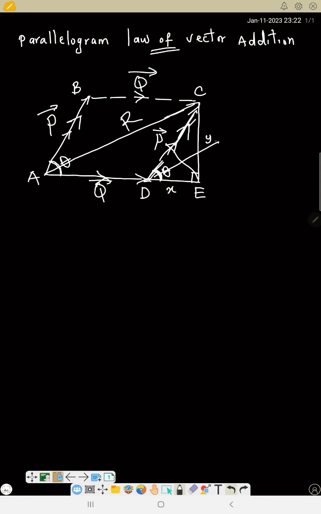Opposite is y, hypotenuse is p. So that means sine theta is equal to opposite over hypotenuse, so vector p. If you cross multiply, y is equal to p sine theta, like that.